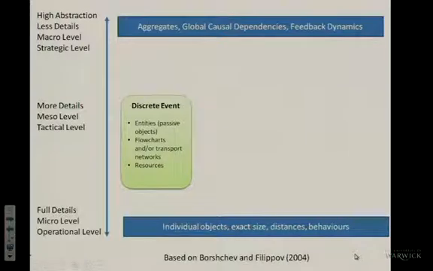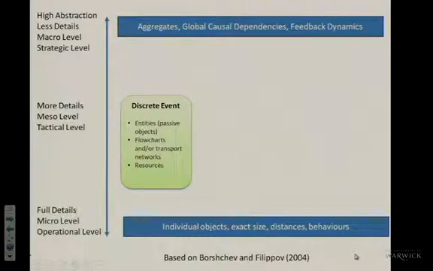So you can be dealing at the level of aggregate global causal dependencies and feedback dynamics when you are at this top level of abstraction, compared with traditional discrete simulation that usually focuses on individual objects. You always try to represent how the customers behave across the different stages of a process.